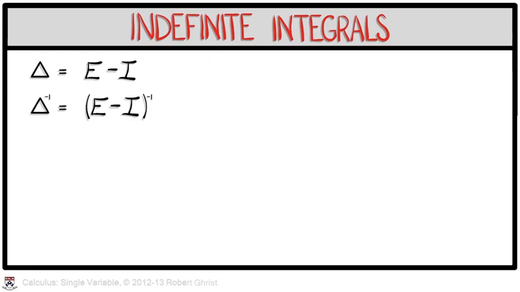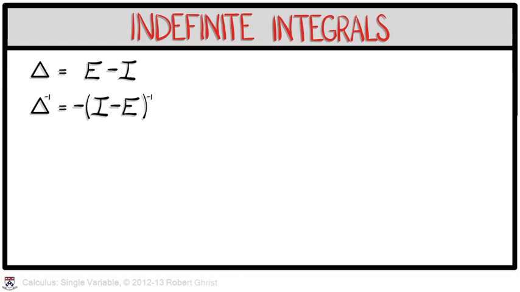Well, we need to take E minus I to the negative 1 power, let's say. If I wrote that a little bit differently, say put a minus sign out front and called it I minus E, then it is as if we're trying to compute 1 over I minus something.